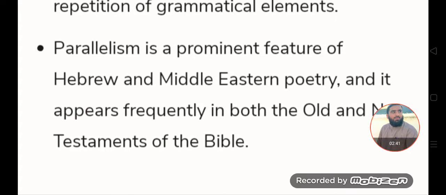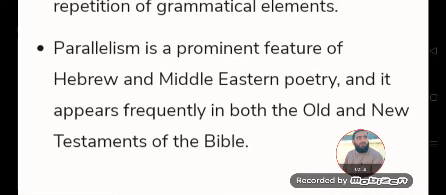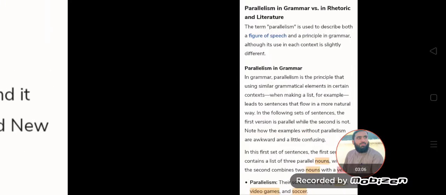Parallelism is a prominent feature of Hebrew and Middle Eastern poetry, and it appears frequently in both the Old and New Testaments of the Bible. So this is the historical perspective of parallelism: it is used in Hebrew as well as Middle Eastern poetry, and in the Bible, Old Testament and New Testament.